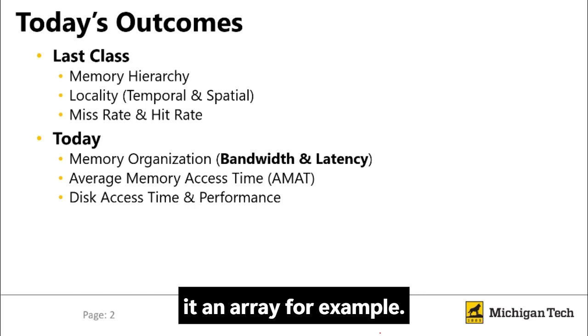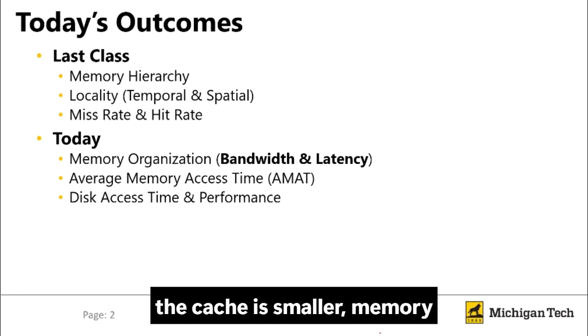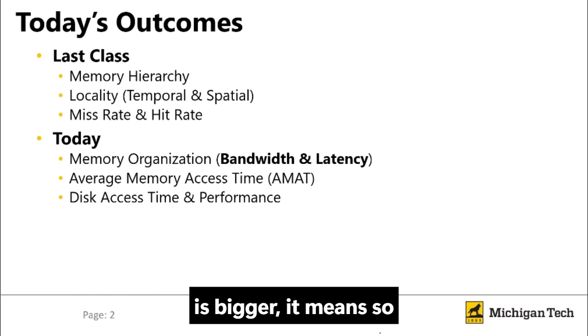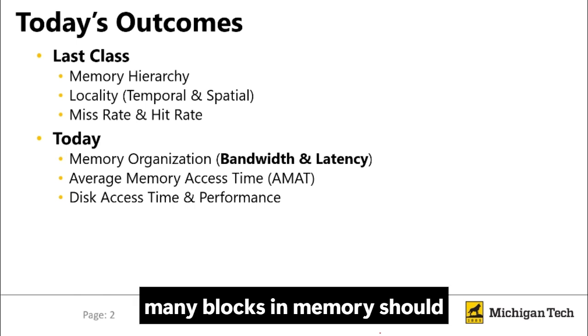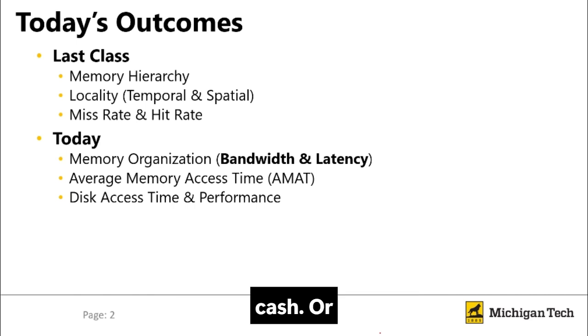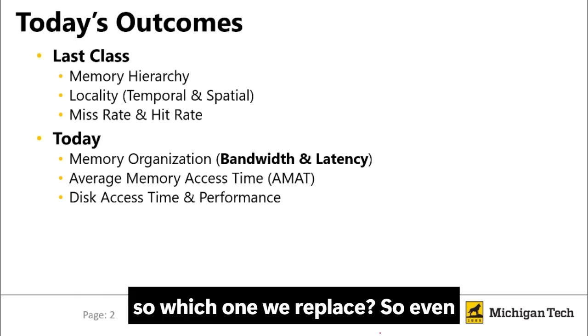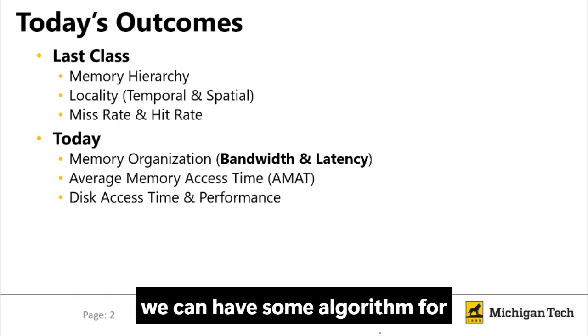And also, we can use some replacement methods, because the cache is smaller and memory is bigger. It means so many blocks in memory should overwrite one line of the cache, or multiple sets of lines in the cache. So which one do we replace? We can have some algorithm for replacement.